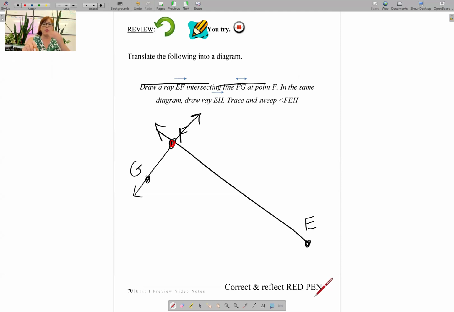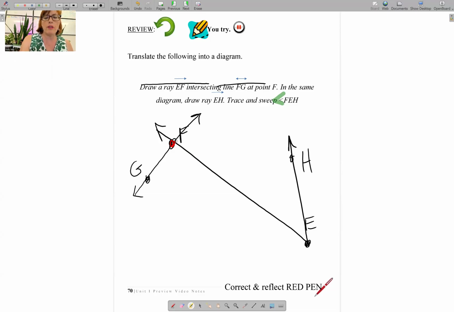In the same diagram, draw ray EH. E, same letter, same endpoint. E is the endpoint again. H, the arrow point. Trace and sweep. Angle FEH.